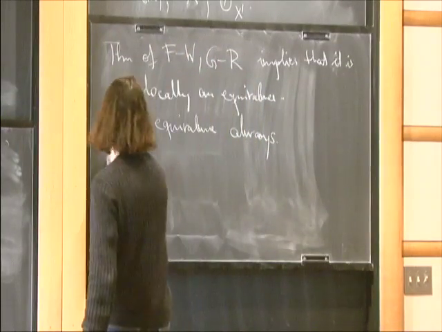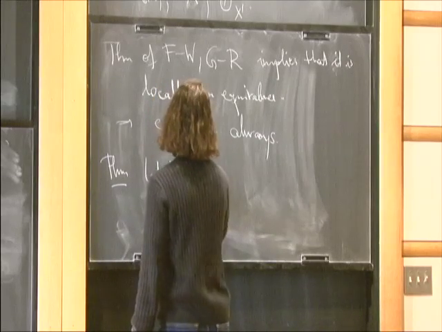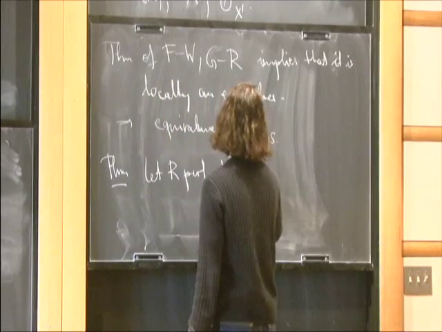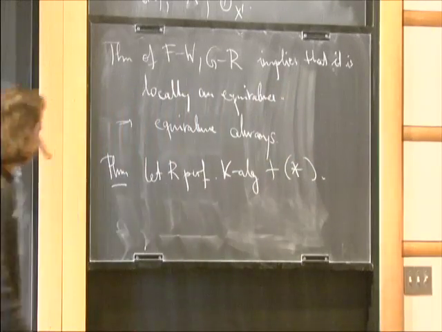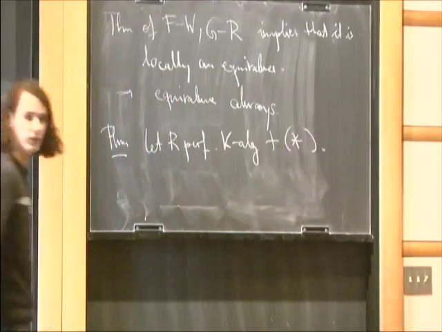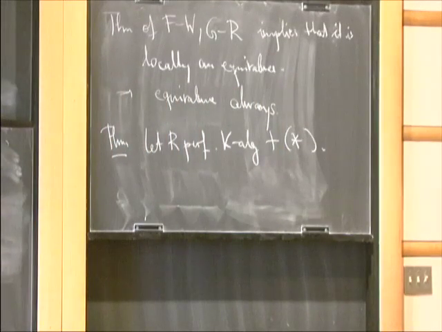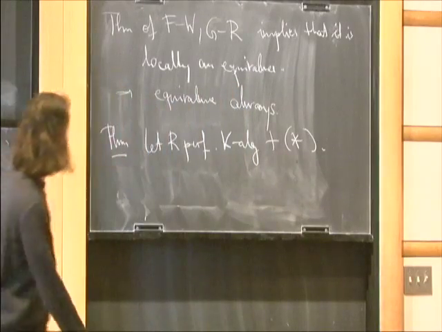So what we get is the following. Let R be a perfectoid K algebra with this finiteness condition star, which probably is even unnecessary. So it might be that using some more stuff of Kedlaya, one can show that one can do without this finiteness assumption here.